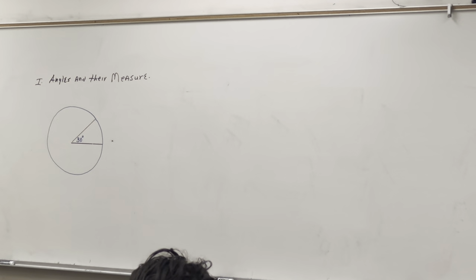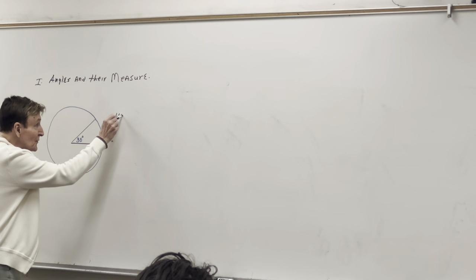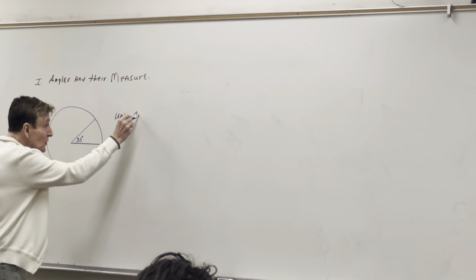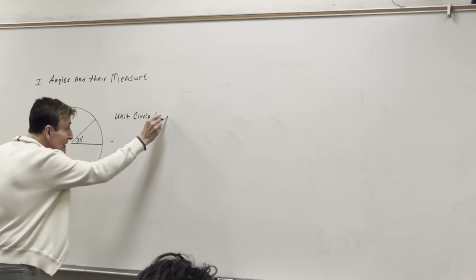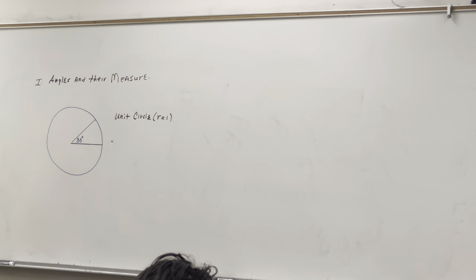As I place it on this circle, and by the way, in math we love a particular circle for it to be placed inside. We like a circle known as a unit circle. In other words, its radius is 1, a length of 1. That's the one we like. Of course, there are bigger circles and smaller circles, but the one we really like to work with is a unit circle, 1 unit of radius.